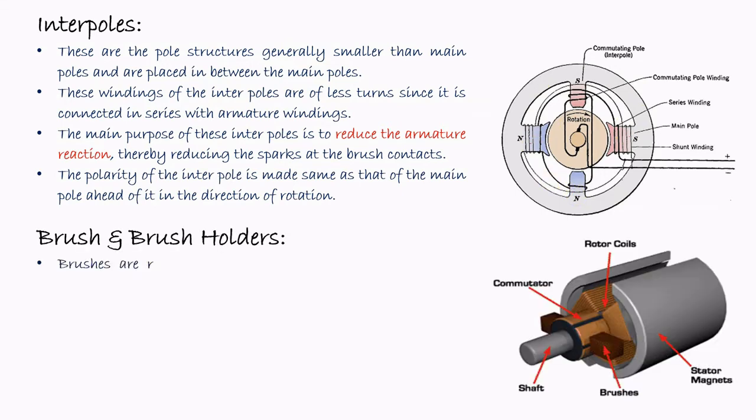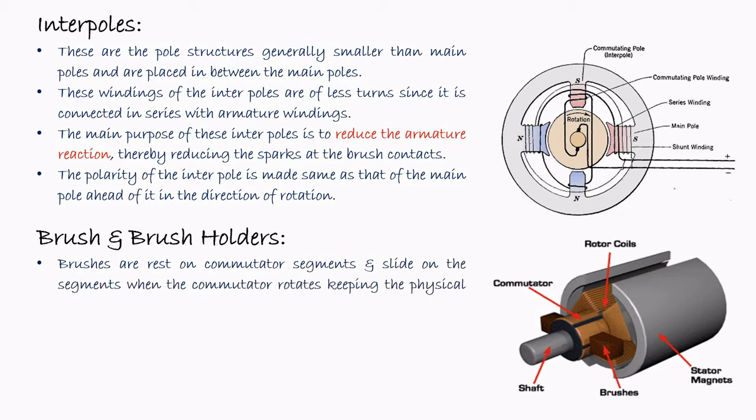Next are the brushes and brush holders. Brushes rest on commutator segments and slide on the segments when the commutator rotates, keeping the physical contact to collect or supply the unidirectional current. So basically, we have already discussed that energy conversion takes place in the rotor, in the rotating part.